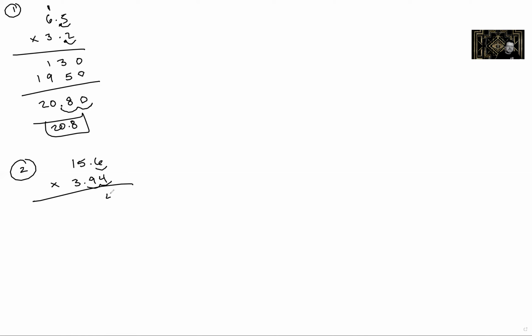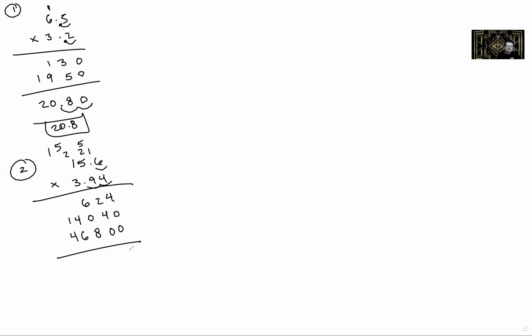So 4 times 6, 4 times 5, 4 times 1, 9 times 6, 9 times 5, 9 times 1, and then 3 times 6, 3 times 5, 3 times 1.